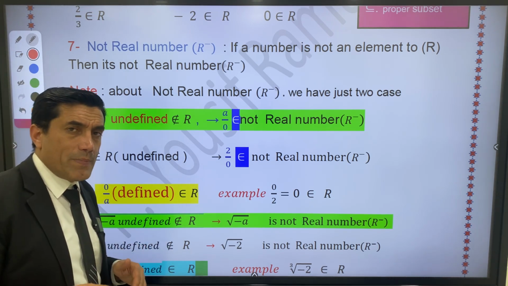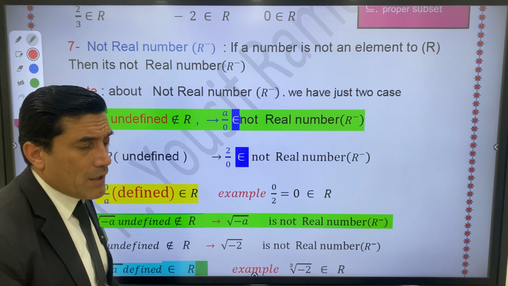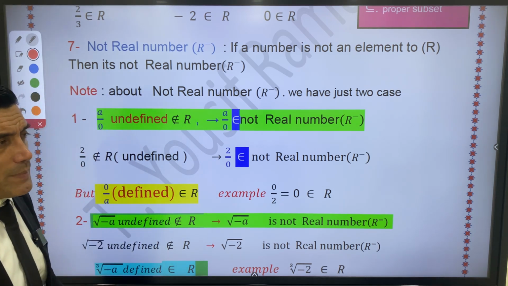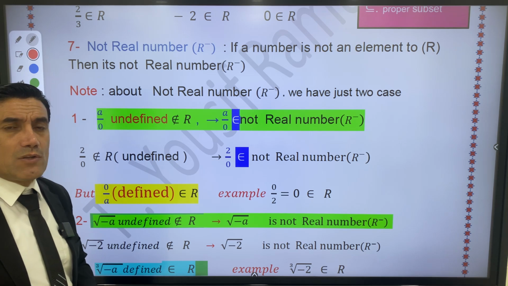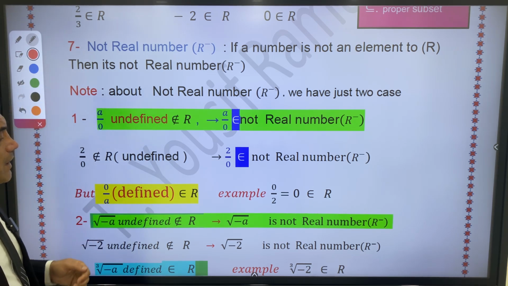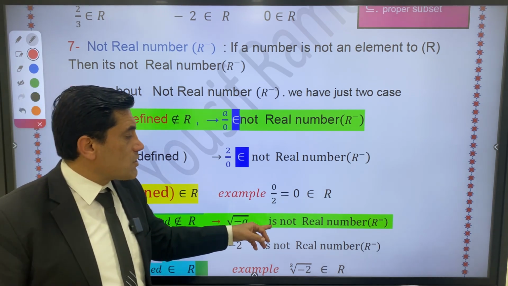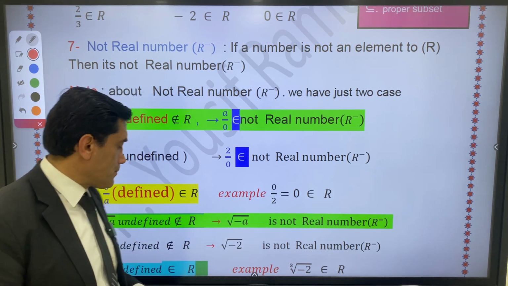That means it belongs to complex numbers. But in grade 9 and grade 10, you don't have complex numbers. But in grade 11 and in chapter 7, grade 12, you have complex numbers. So the square root of a negative number is not real.